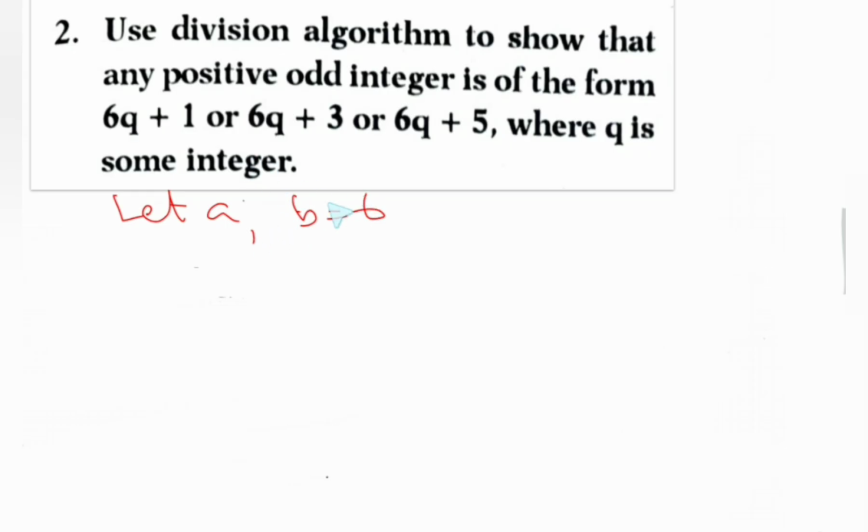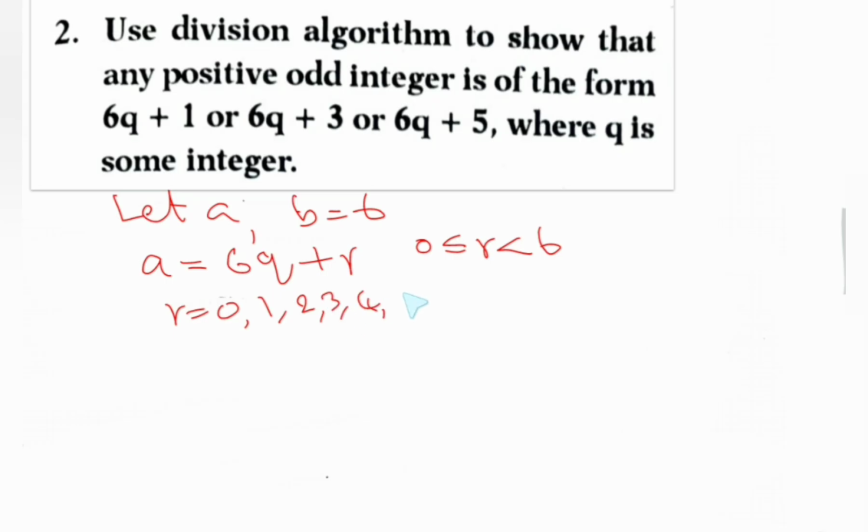Then the equation is a equal to 6q plus r, where r lies between 0 and 6, that is 0 less than or equal to r less than 6. That means r takes the values 0, 1, 2, 3, 4 and 5.